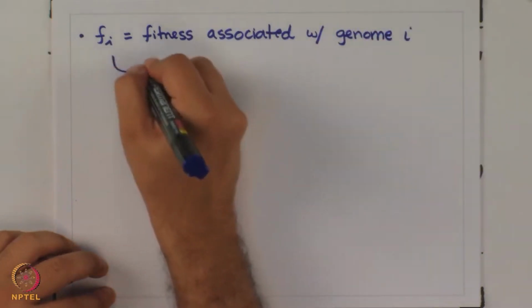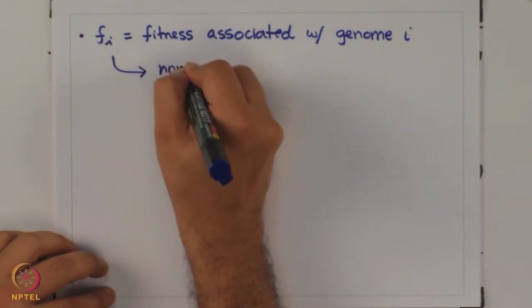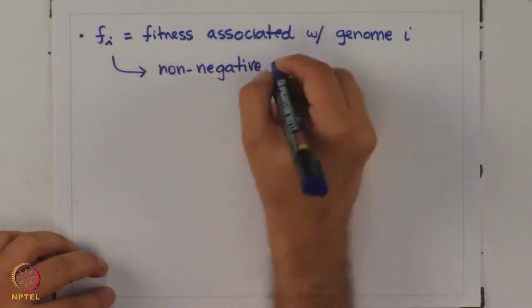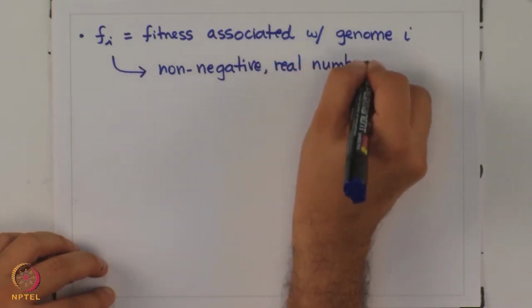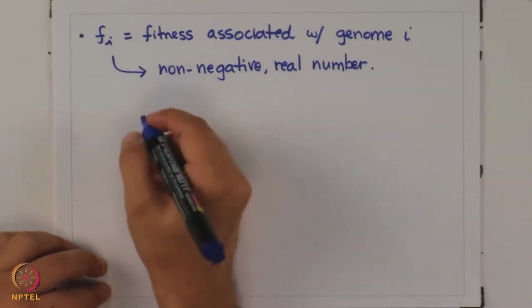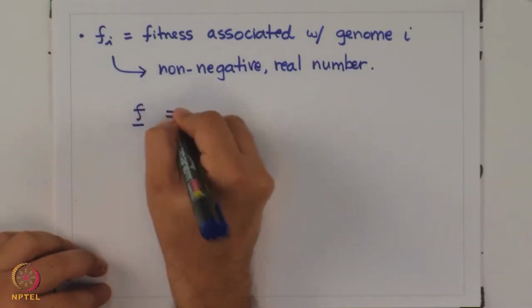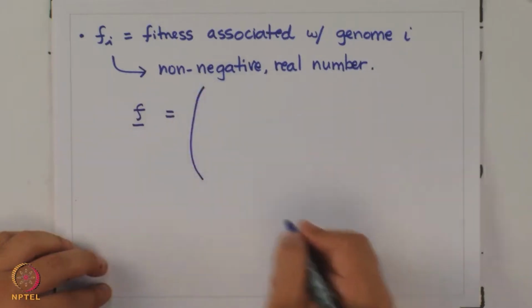Now, Fi, because it is a fitness growth rate, is a non-negative real number, and we are going to define a vector f which gives the fitness of all genotypes in the environment that are growing at any particular time.